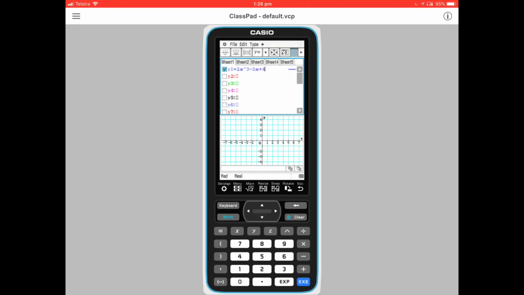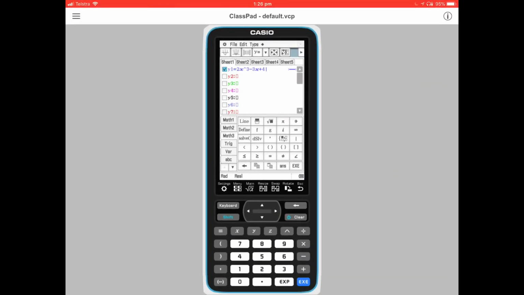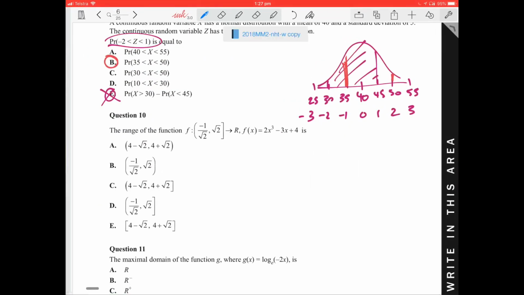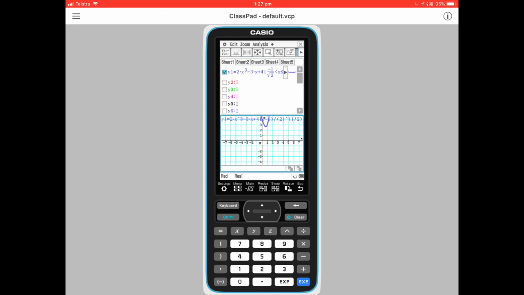And then we want to say, given negative 1 on root 2 is less than x, which is less than, what was the other value? Root 2. Okay, sketch it.